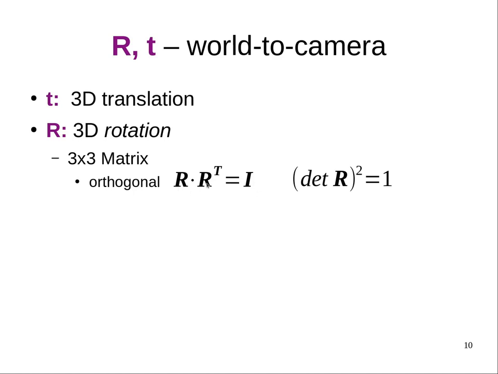This relation is equivalent to the determinant squared of the matrix being 1. However, this is still not enough to arrive at only 3 degrees of freedom, because the upper triangular part still has 4 entries.